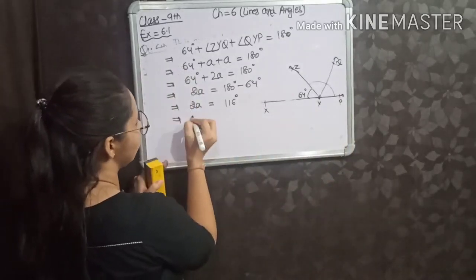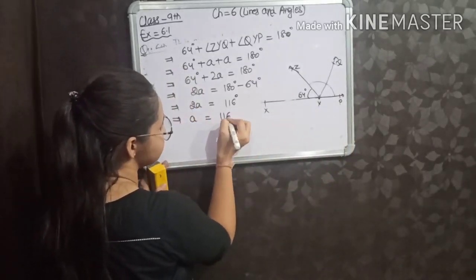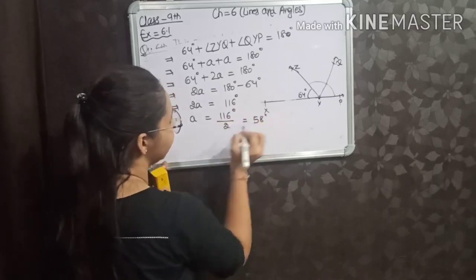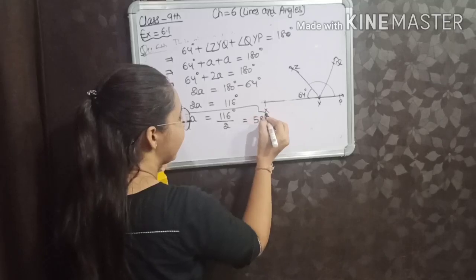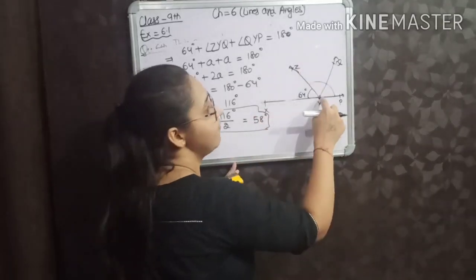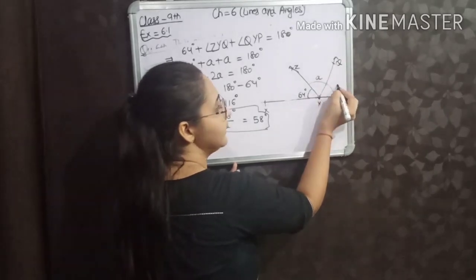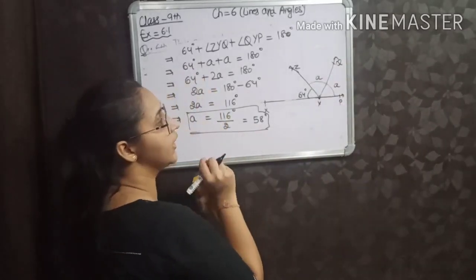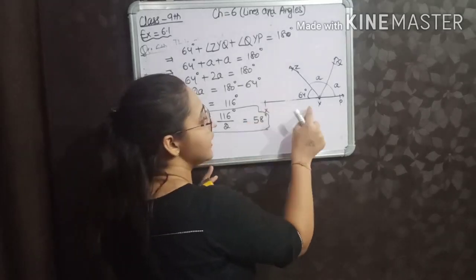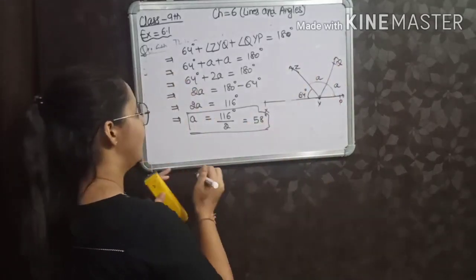Finally, it will give you the value of A as 116 divided by 2, that is 58 degrees. So we have the value of A. The value of A is ZYQ, this angle and this angle. This is 58 degrees.